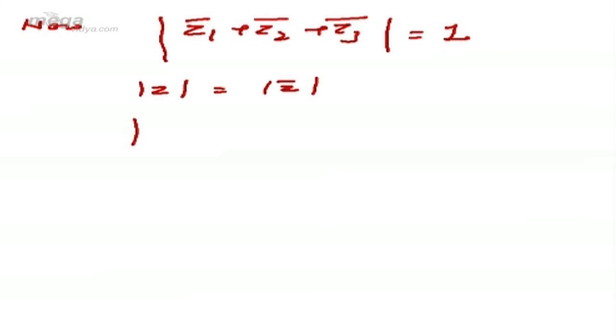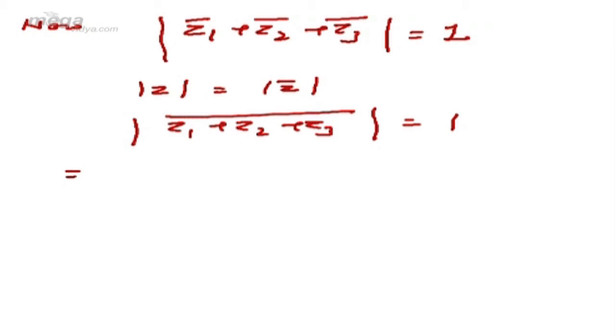So we can write mod of z1 plus z2 plus z3 whole bar is equal to 1. We can write mod of z1 plus z2 plus z3 is equal to 1. This is the fourth example of the properties of the complex numbers.